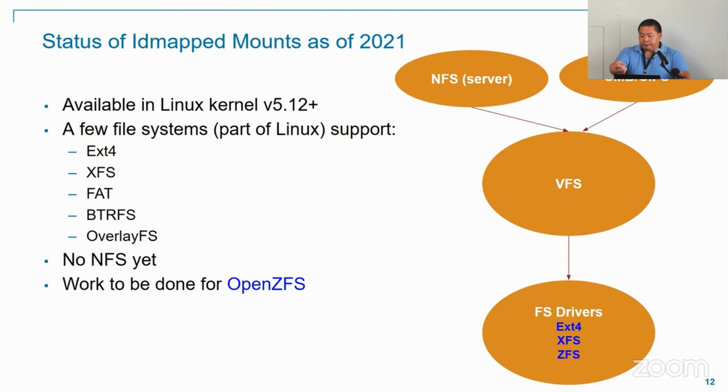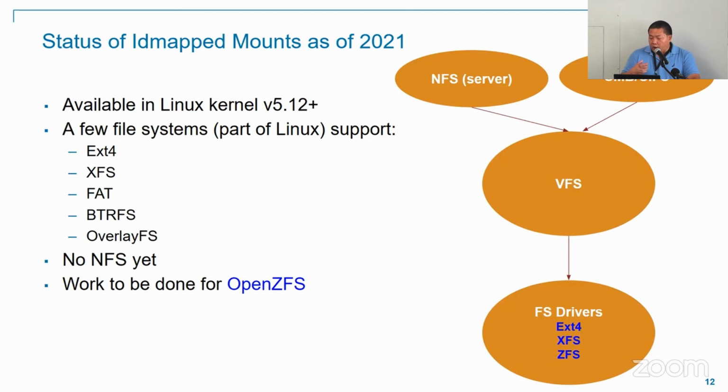Looking at the graph on the right side, on top is the NFS server. The NFS server calls the VFS layer, and the VFS layer calls the file system driver layer. So the work is done in the VFS layer and also some file system driver layers, like ext4 and ZFS.